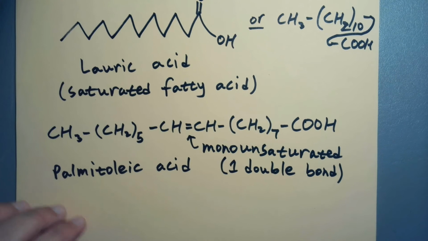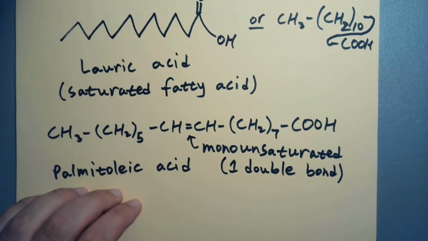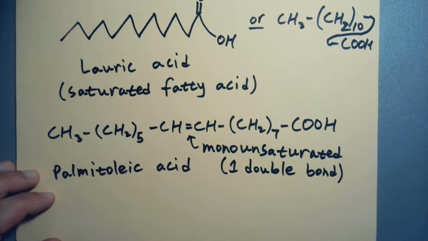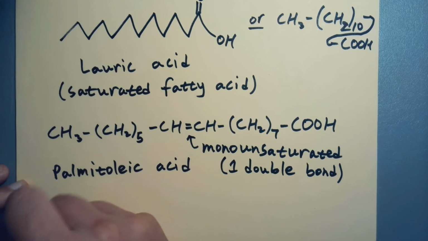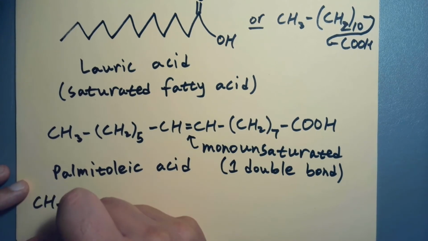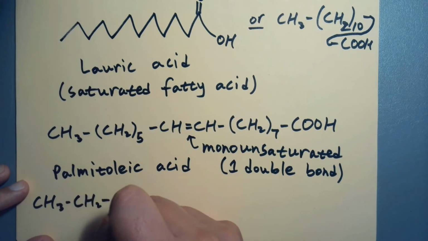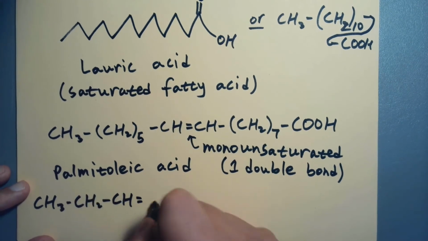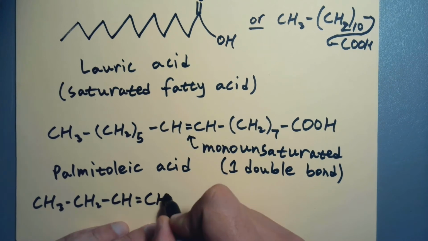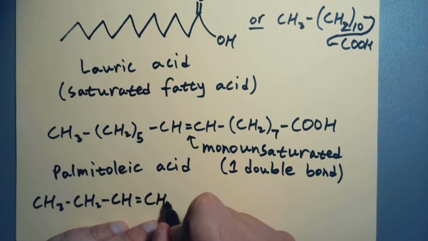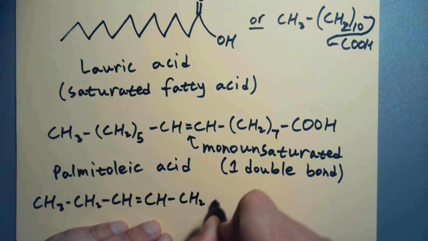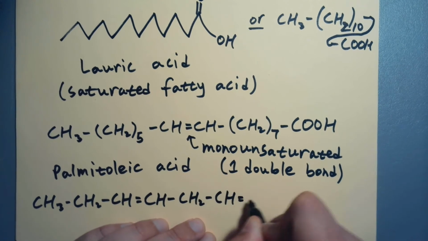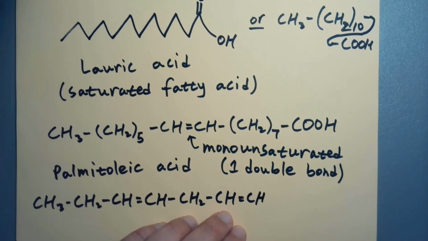Actually, you know what? I'll do that now. So we'll look at linolenic acid. So I've got a CH3, and then a CH2, CH double bond CH, and then I've got a CH2, and then CH double bond CH.